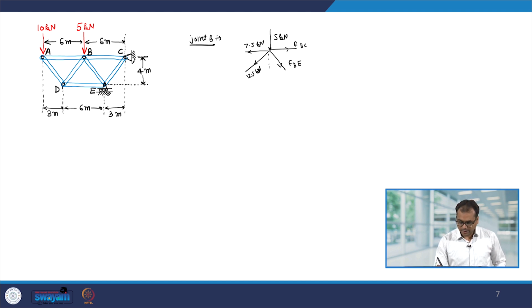Now, to calculate it, let us again say that these angles are theta and theta we know. So, let us use the force balance along the y direction, summation Fy equal to 0.